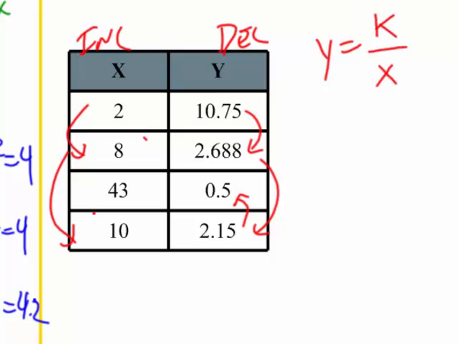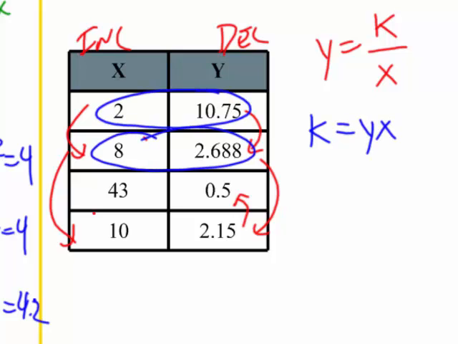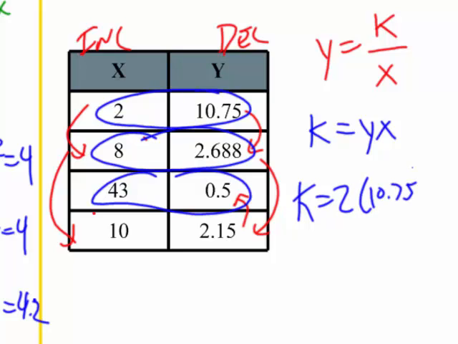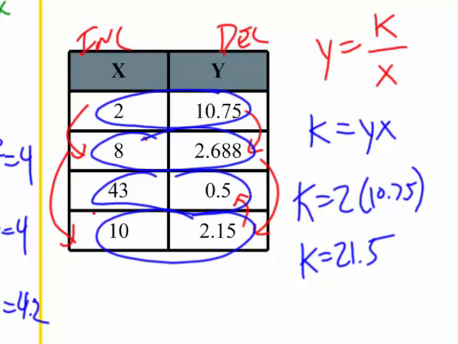And to solve for k, we have to multiply the x and the y. So multiply, multiply, multiply. And I better just check them all. And if I multiply all these guys, I end up getting 21.5. And I should do that to all of them. But I do. I get 21.5.